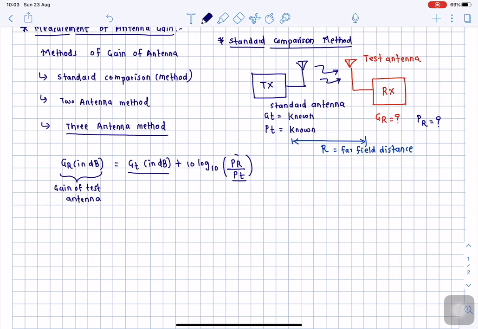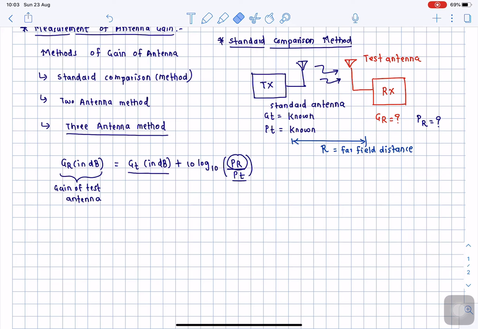Once we know the power received by the receiving antenna, we can put the values into this equation and calculate the value of the gain of the antenna which we want to test. So this is a simple, straightforward procedure of the standard comparison method. Let us go ahead and see what the two antenna gain method is.